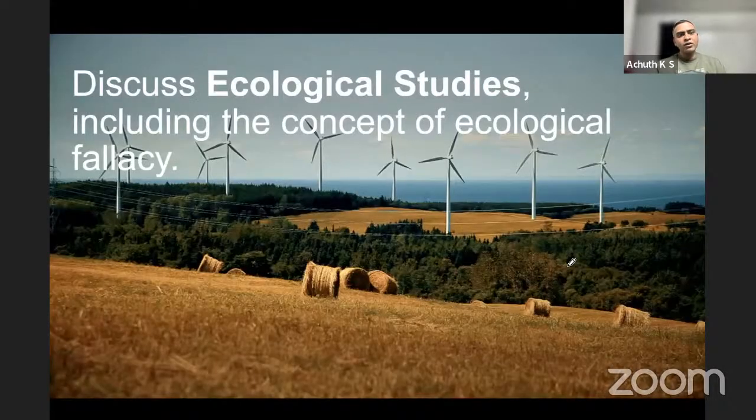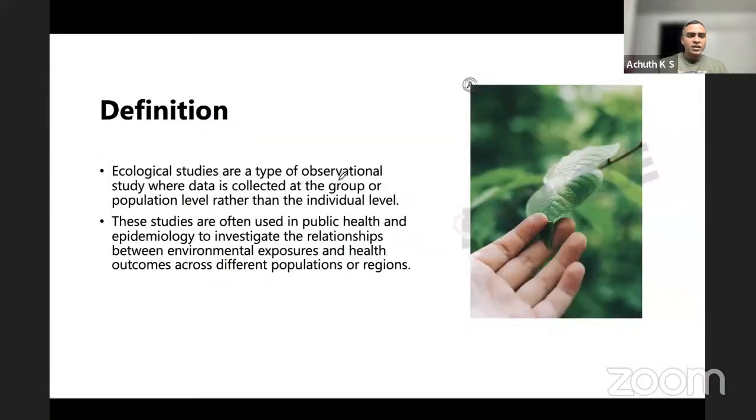Next question, we have ecological studies in the concept of define them, and including the concept of ecological fallacy. What is ecological studies? Are a type of observational studies where data is collected at a group or population level rather than the individual. These studies are often used in public health epidemiology to investigate the relationship between the environmental exposure and the health outcome.